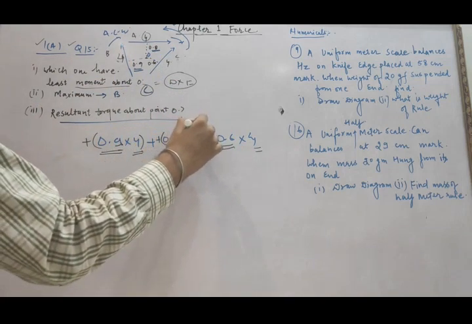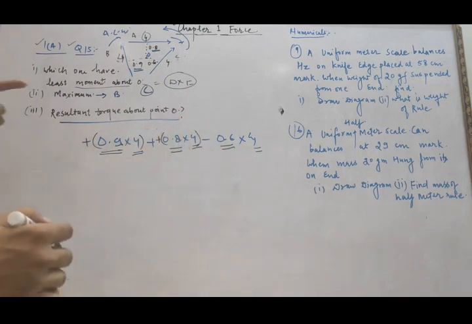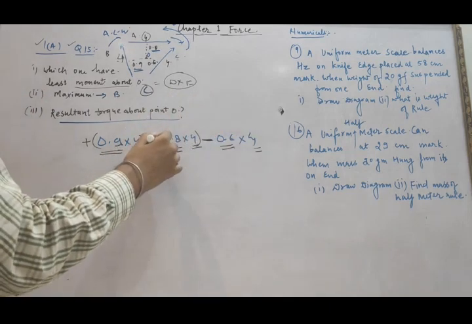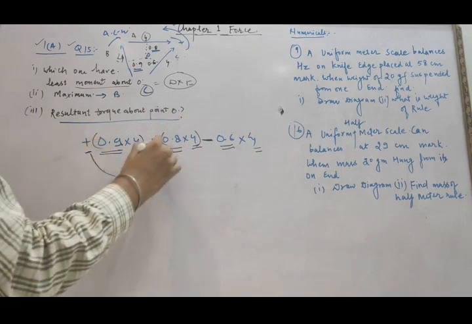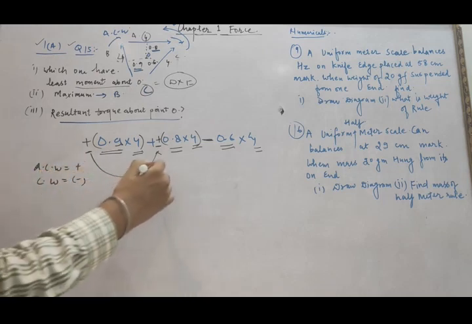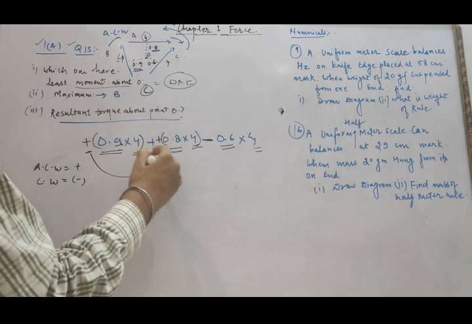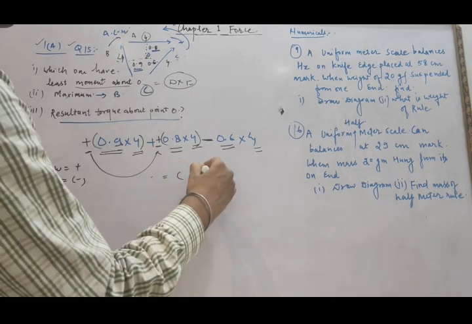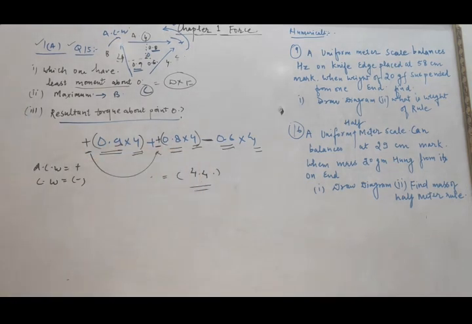Because these two components of force are acting in an anti-clockwise direction, while this is acting in a clockwise direction. We know very well anti-clockwise direction is taken as positive while the clockwise is taken as negative. So resultant will be 0, or you can solve and find the resultant value. That will most probably be 4.4. Check the calculation I have written quickly.